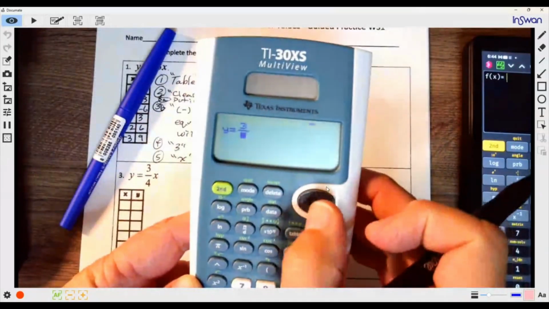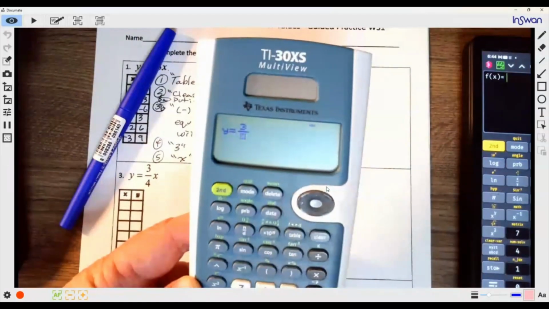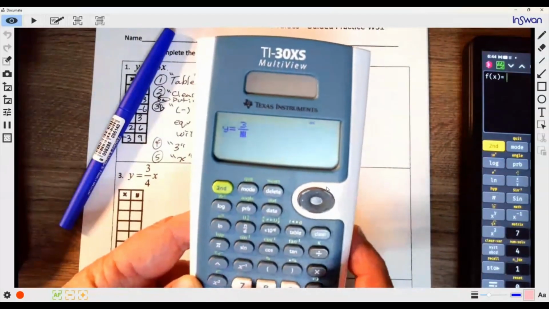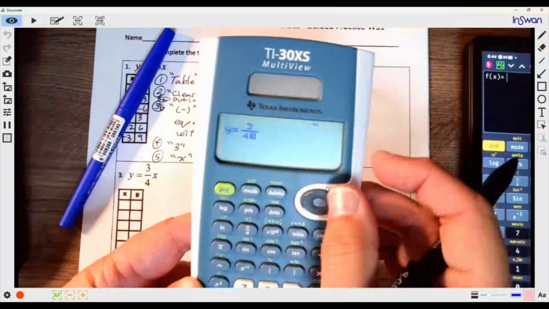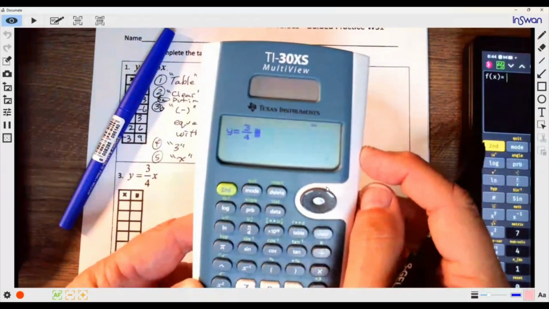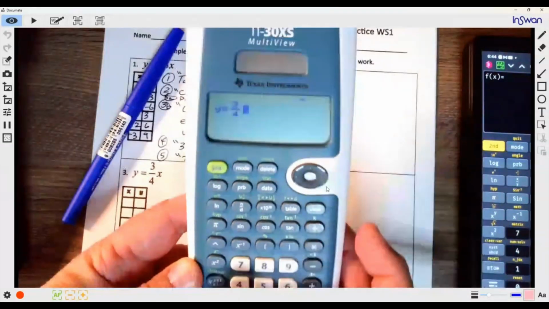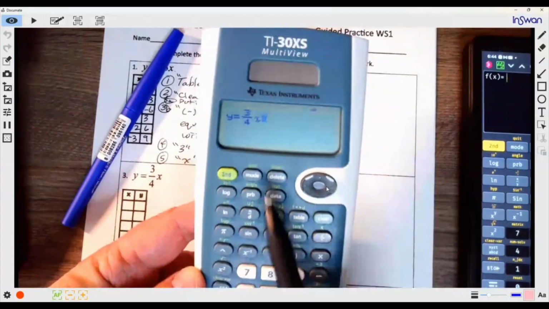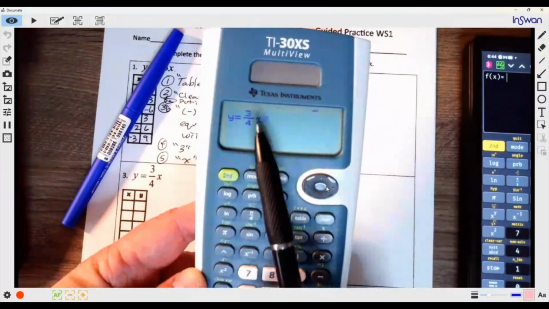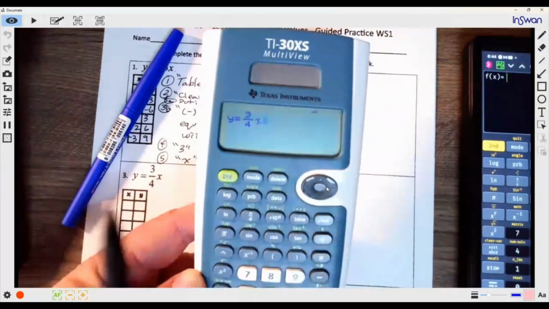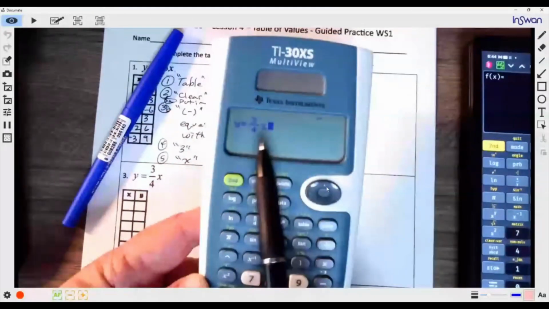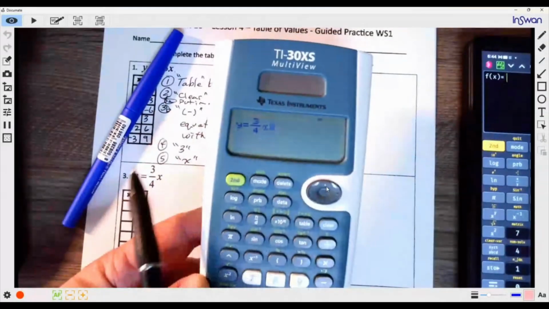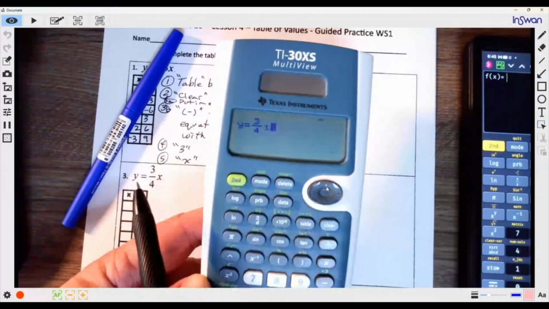Use the arrow key to go down to the denominator. Then come out of the fraction. X is our variable. You should have y equals 3/4 x. So this is why it's called math print, is because it looks like the way we would write it.